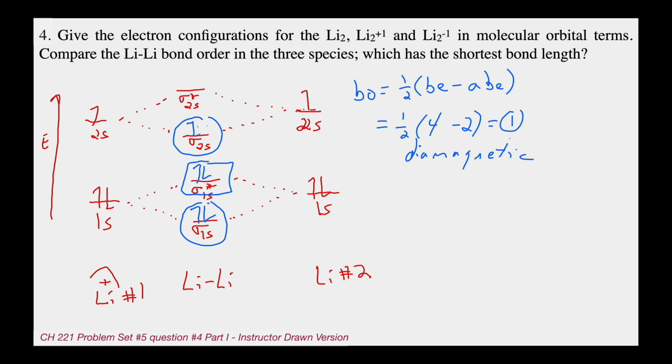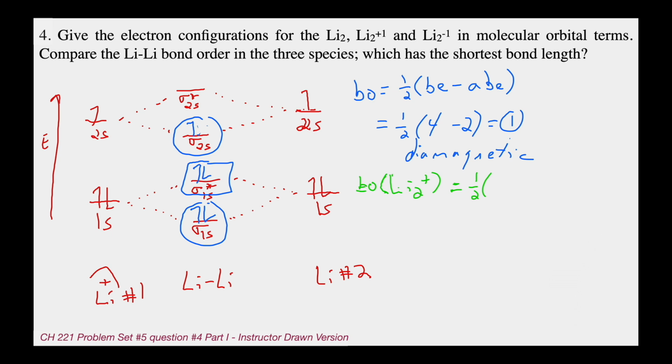And from here, you can now reanalyze everything to see what the bond orders are, and the magnetism. So let's figure out the bond order for Li2 plus. The bond order for Li2 plus will equal 1/2 bonding electrons minus antibonding.